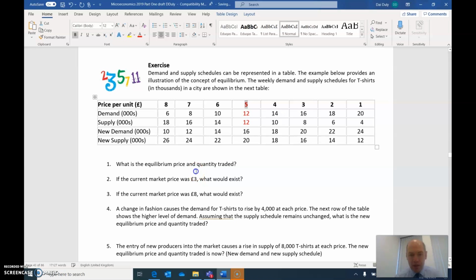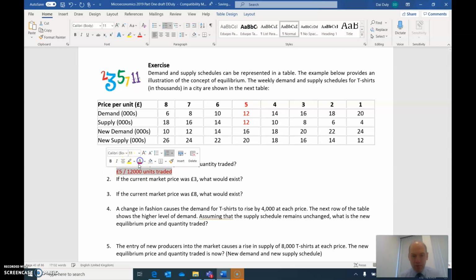So the answer to question 1 was £5 and 12,000 units demanded, or traded I should say.